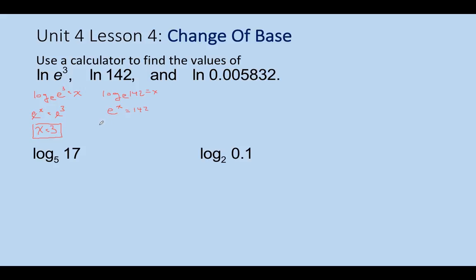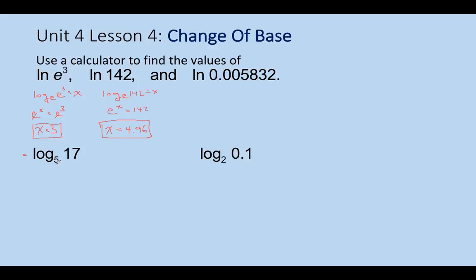And so natural log of 142 winds up being 4.96 approximately. So if I plug in 4.96 in here, 2.71 dot dot dot to the 4.96 dot dot dot, I'll get my 142.